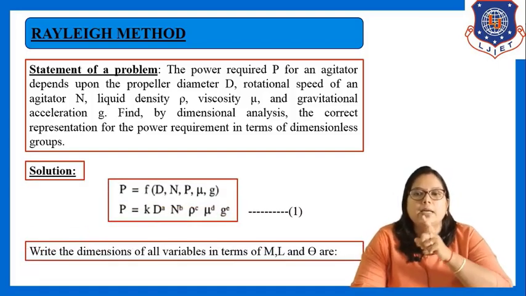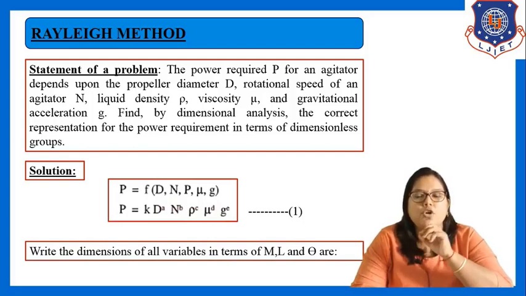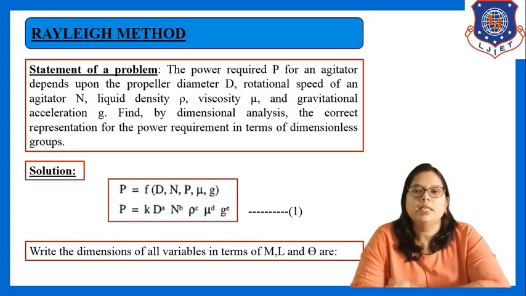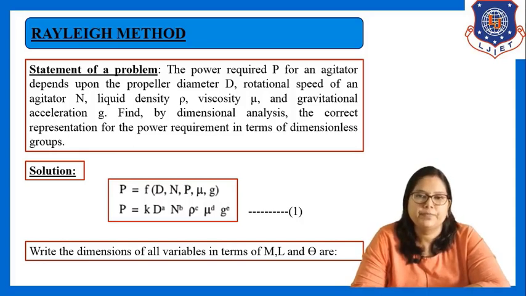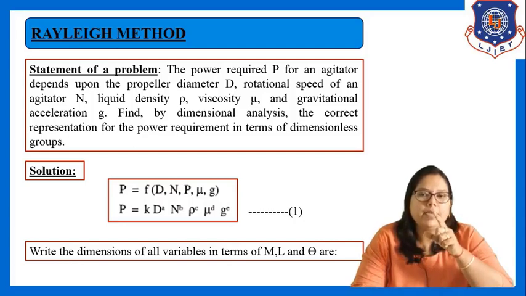Power depends on diameter D, rotational speed N, viscosity mu, density ρ and acceleration G. So power P is equal to K times these variables.